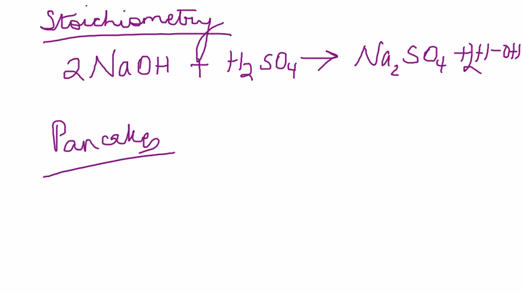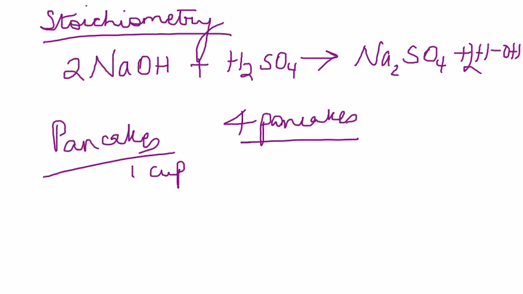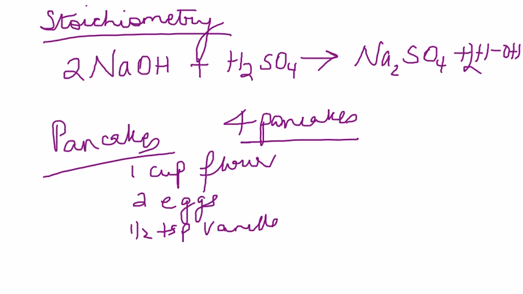Let's say I want to prepare 4 pancakes, and according to my favorite recipe that my grandma wrote, I need 1 cup flour, 2 eggs, half a teaspoon vanilla essence, and 1 cup milk.